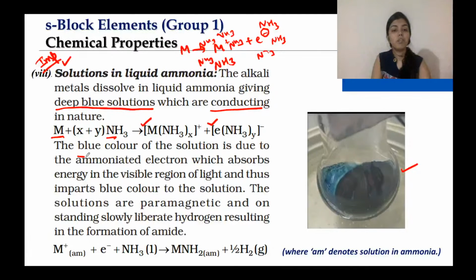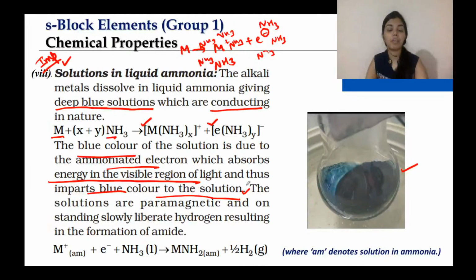Why is this blue color occurring? Because the ammoniated electron absorbs energy in the visible region of light, and therefore it imparts blue color to the solution. Remember the electromagnetic spectrum that we have done, it consists of visible region, UV region, IR region.